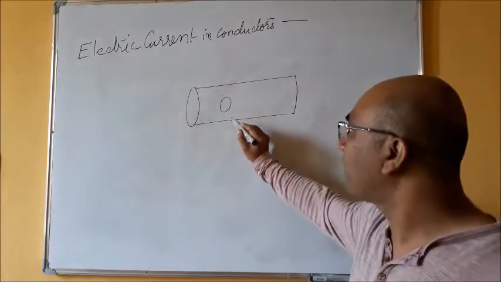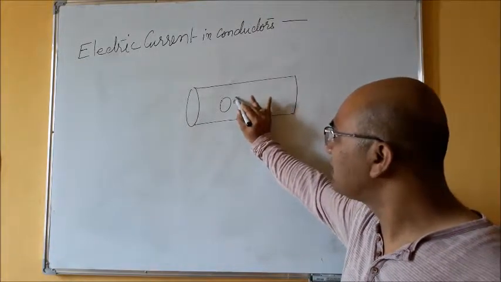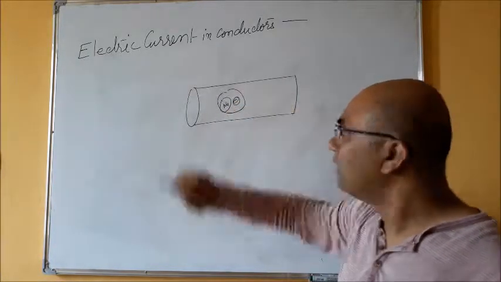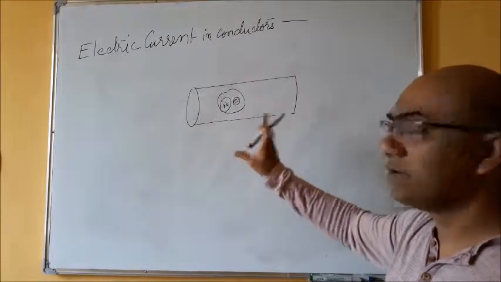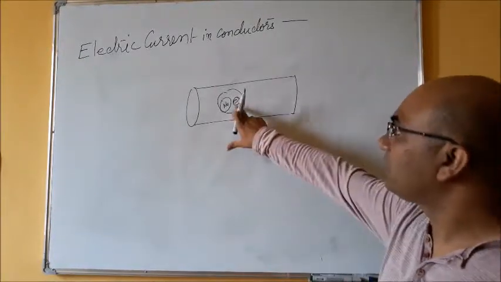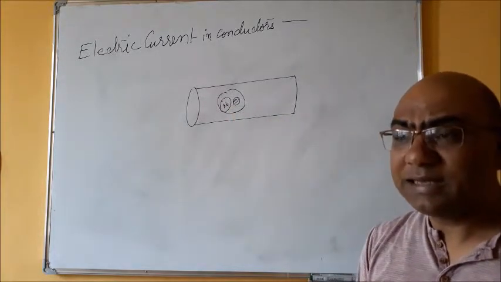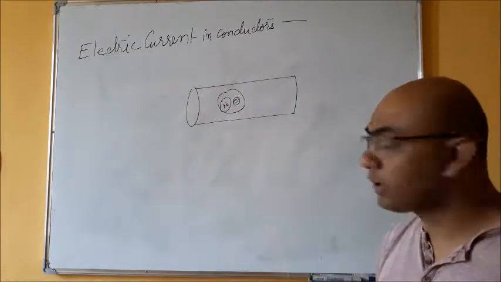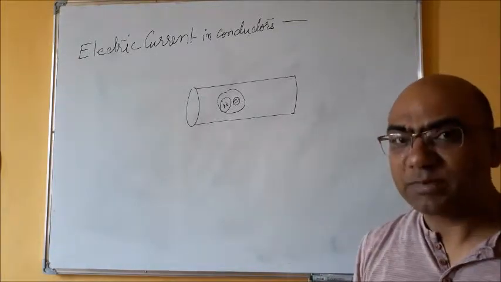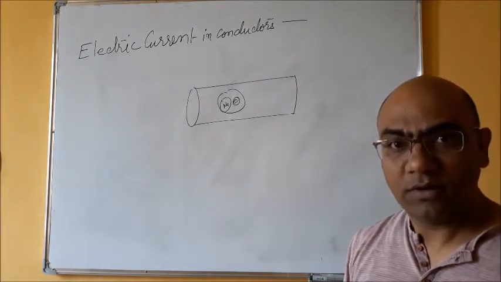Normally the electrons move around the nucleus and the whole configuration makes the atom, so these electrons are inside the conductor free to move. So if they are free to move, this means we have charged particles which are moving, right?